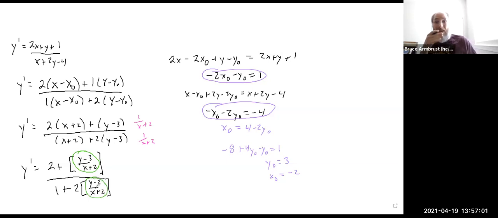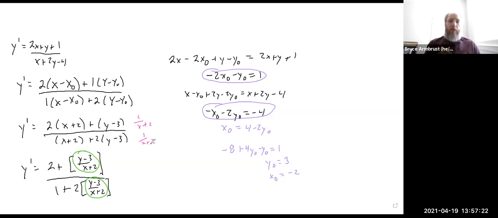Now, I know it's not exactly y over x because it's got the y minus 3 and the x plus 2, but those aren't going to affect it, because this is where you do the u sub kind of deal.